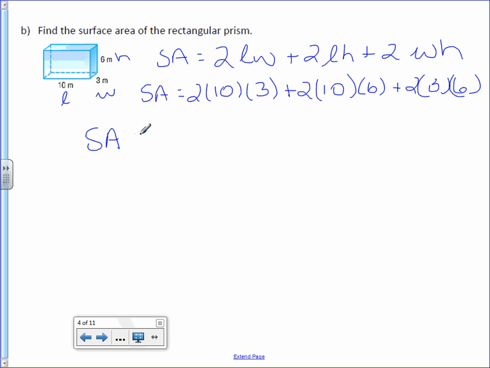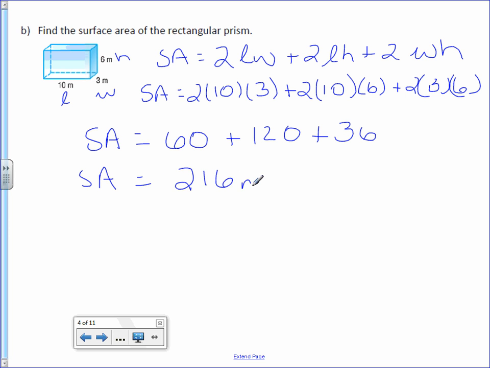So surface area equals 2 times 10 times 3 is 60, plus 2 times 10 times 6 is 120, plus 2 times 3 times 6 is 36. Add them together. Surface area equals 216 meters squared.